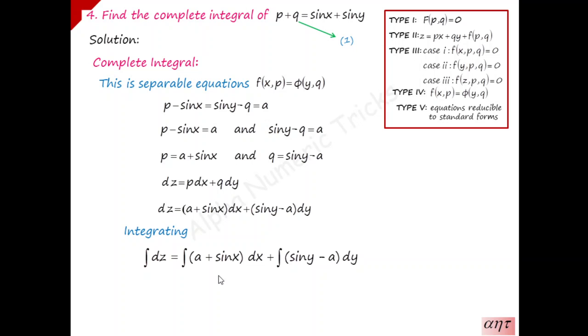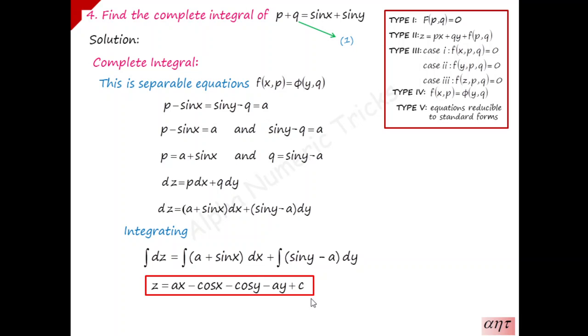Integral dz is equal to integral of a plus sin x into dx plus integral of sin y minus a into dy. So z is equal to ax, the integration of sin x is minus cos x, plus the integration of sin y is minus cos y, minus ay plus a constant c.